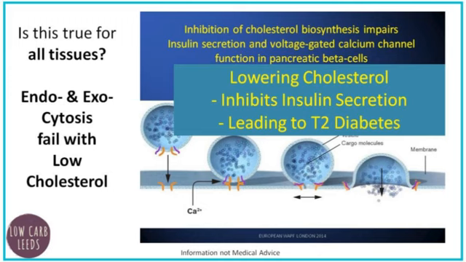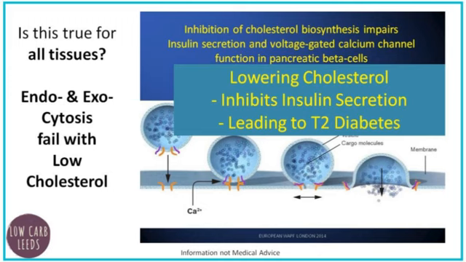And what this paper was effectively saying was in experiments on human pancreatic beta cells and in experiments on mice, they could show that reducing cholesterol, like going down from a ratio of 20% to 18%, you can actually stop the functions of the cell wall from working. So endocytosis and exocytosis were failing in beta cells.